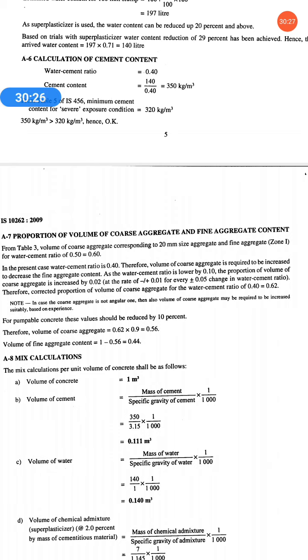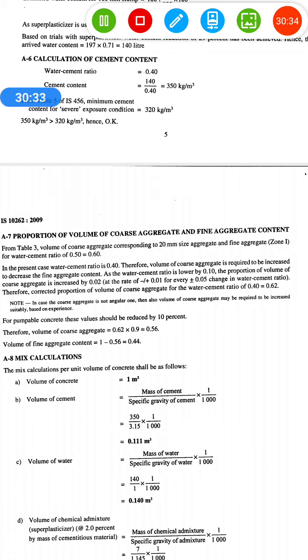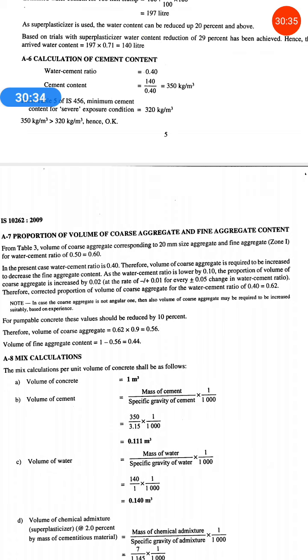So our corrected volume is 0.62. So this is for conventional concrete.